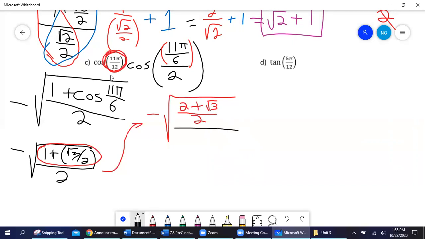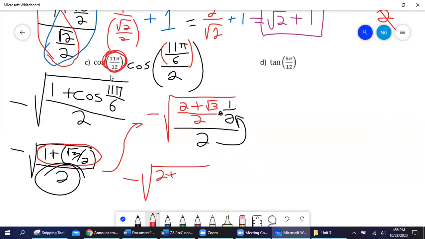And that's still all over this 2 down here. Multiply by the reciprocal. So now I have negative root 2 plus root 3 all over 4.